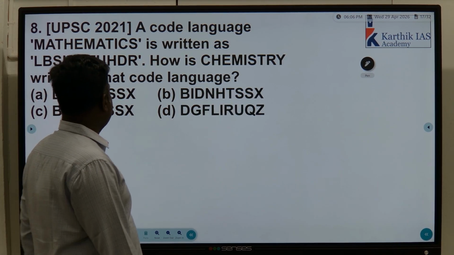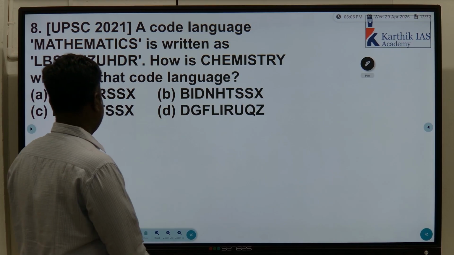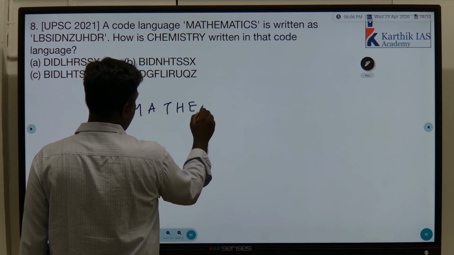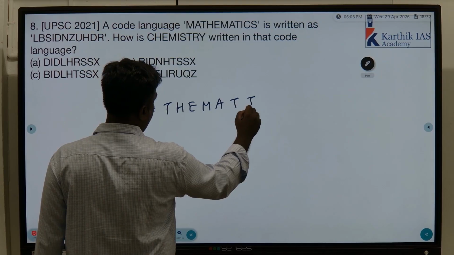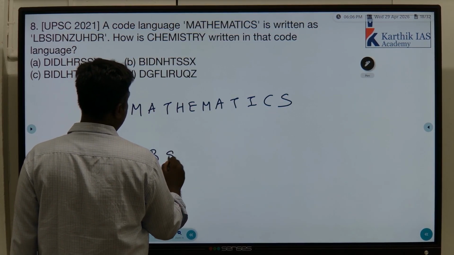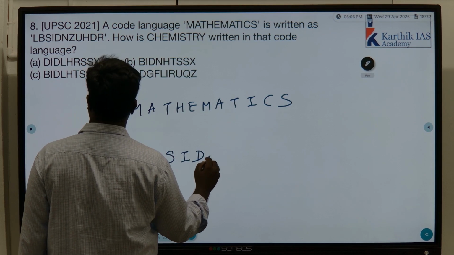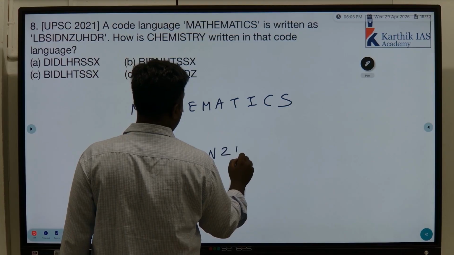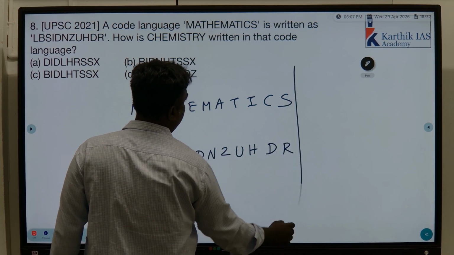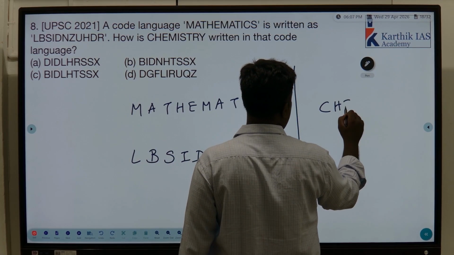A coding language, mathematics is written as this. Chemistry will be written as what? So try to understand first mathematics: L B S I D N Z U H D R. So chemistry.